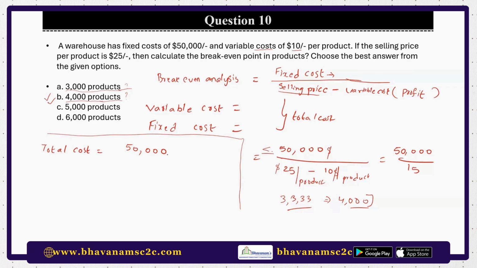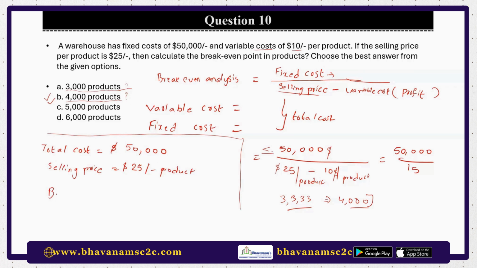This includes the cost of fixed cost and this includes the cost of variable cost. And they will give you the selling price per product as $25. Am I clear? And total cost as 50,000.